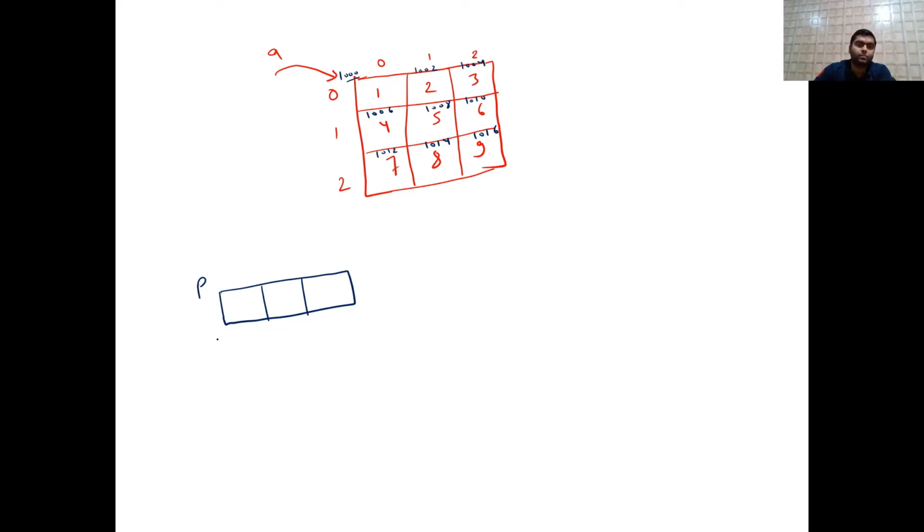Let us suppose this is stored somewhere in memory, for example at 2000. It is 0, 1, 2, and it is having a, a plus 1, and a plus 2. What is a in our case?